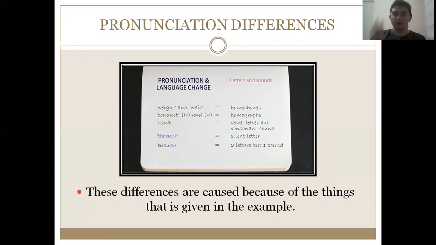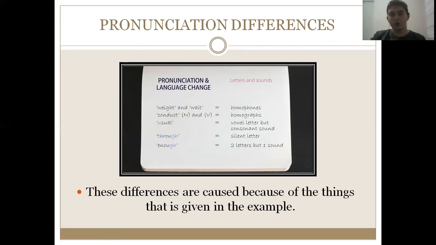Or you can have a word that starts with a vowel, and let's say, but consonants make a sound. As an example of it, there we have "usual". Or you can have a silent letter that, I mean, it's in the name, it's silent, you don't read it, as in "thorough". Or you can have two letters but one sound, as you can see from both "thorough" and "enough". The GH sounds at the end represent different sounds.